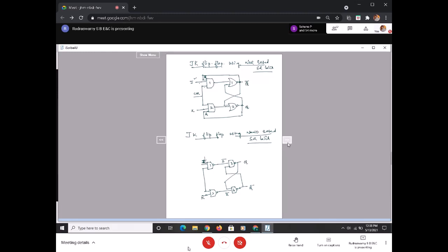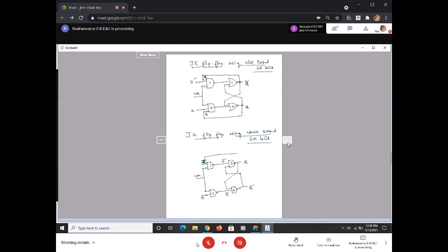And what should be this input now? One I have clock, other I have J, and what should be this? For the NAND gate 1, apart from J and clock, what should be the other input? It has to be Q bar.